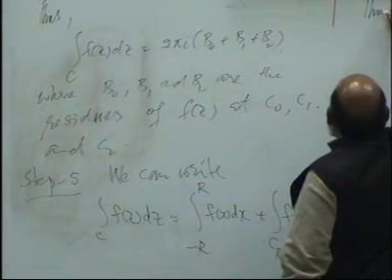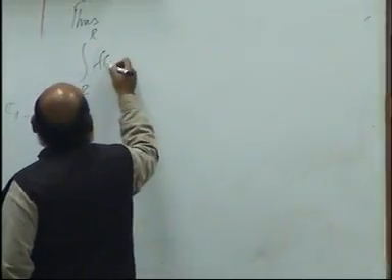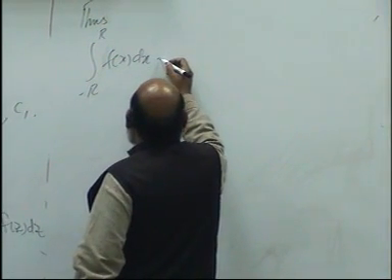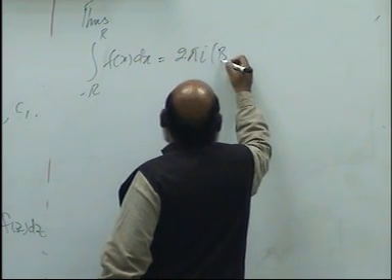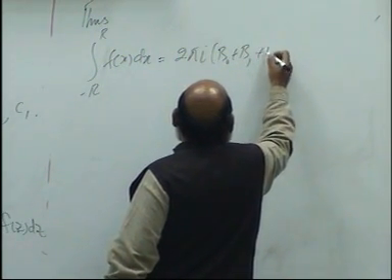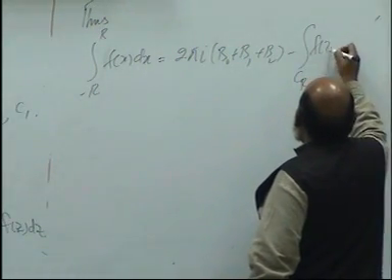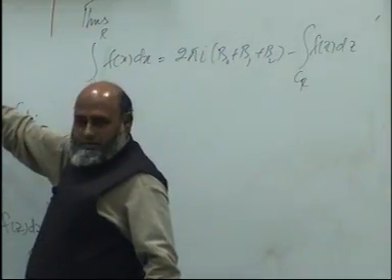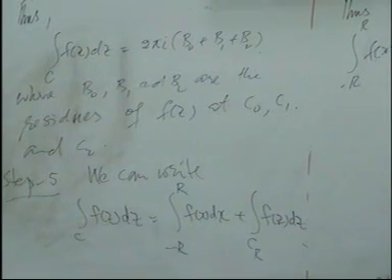Thus the integral from minus r to r of f of x dx is equal to 2πi (b0 plus b1 plus b2) minus the integral over CR of f of z dz.